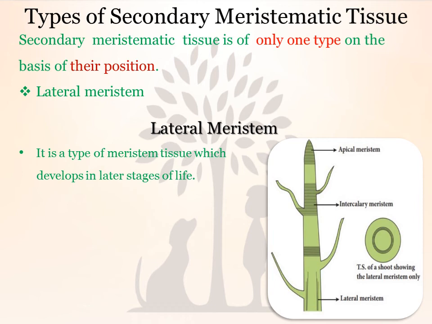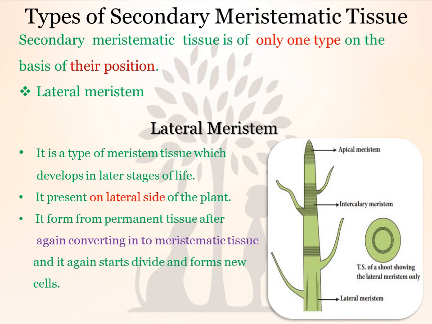It is a type of meristematic tissue which develops in the later stages of life. It is present on the lateral side of the plant as shown in the diagram. How is it actually formed?